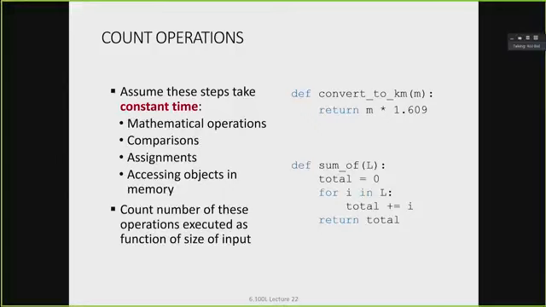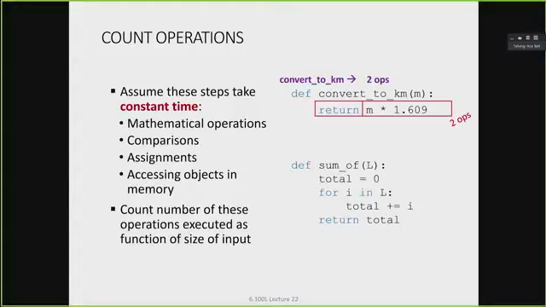So here in the convert to kilometers function, what do we have? We have 1 multiplication. And just for the heck of it, this lecture, let's say the return also counts as an operation. So in this convert to kilometers function, we have 2 operations. Notice that it's not really related to the input at all. So the amount of operations this program takes to run is always 2. It matches what our timing said.